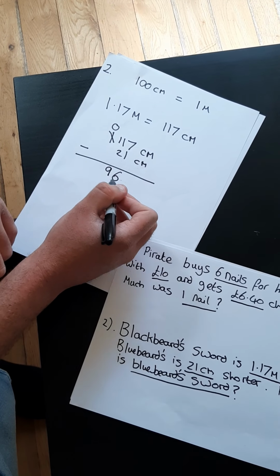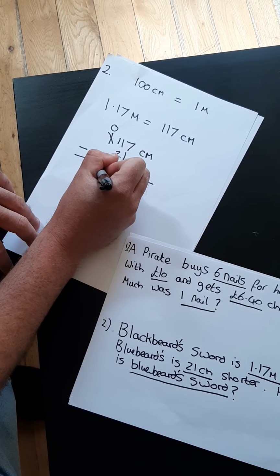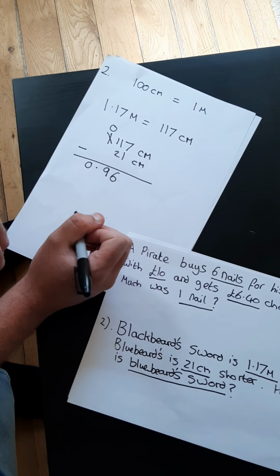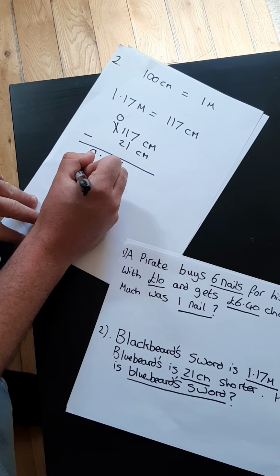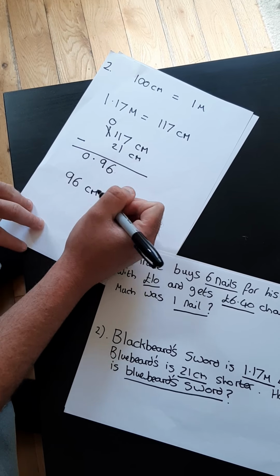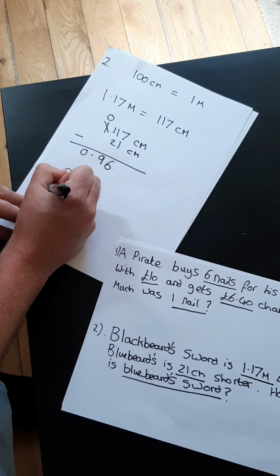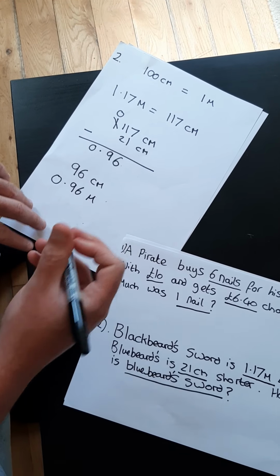So you can leave it like that. I'm going to put the 0 in and my decimal place back to convert it back into metres. So your answer can be 96 centimetres, or I will also accept 0.96 metres.